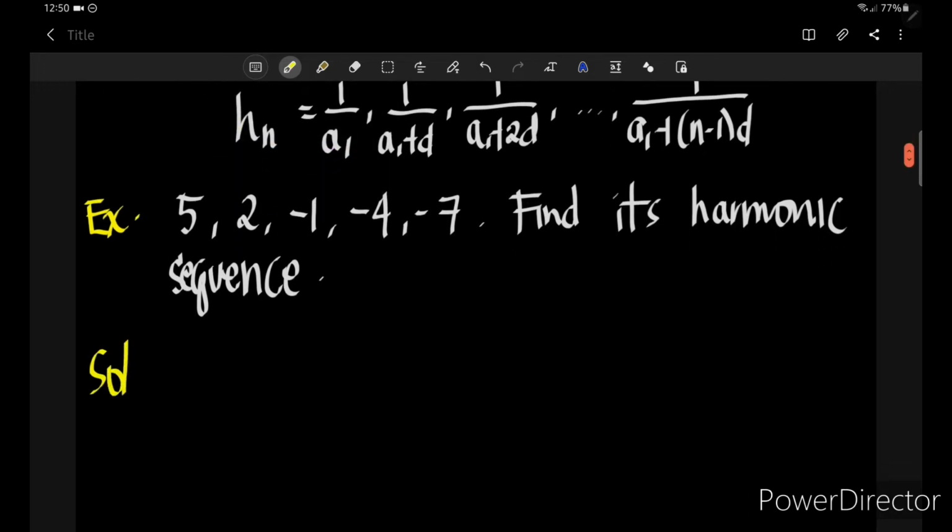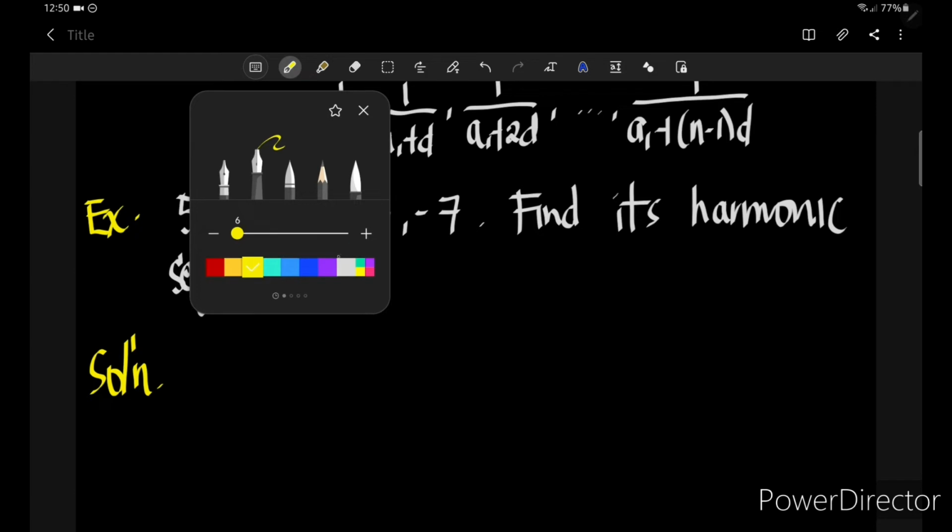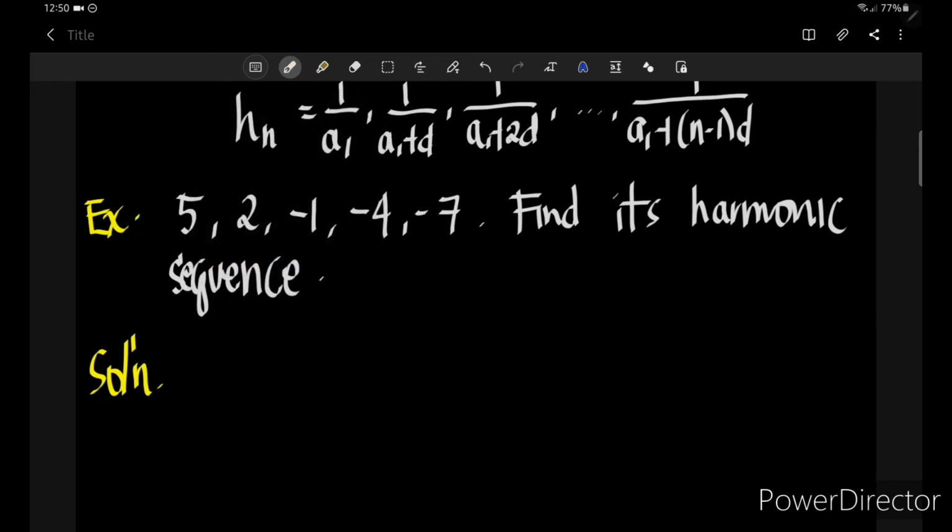Yan. For the solution, ang kailangan mo lang gawin is kunin yung reciprocal ng bawat term.